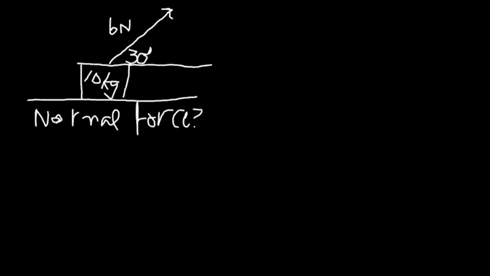The first step is to make a free body diagram. So free body diagram, let's say this is our dot. So what are the forces in contact? Well, we have the normal force. That is typically denoted F sub n for normal. And we have the force of tension.